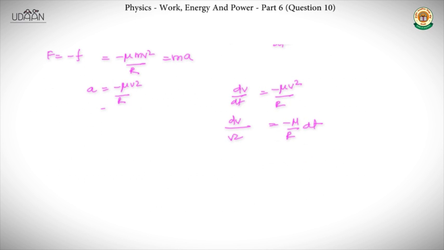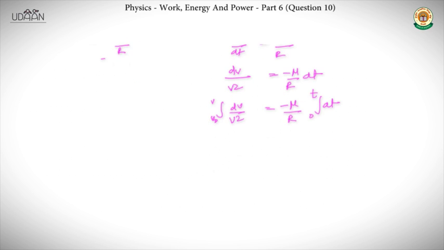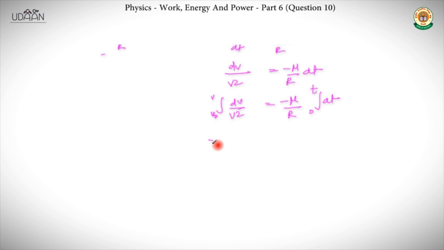As we are assuming it starts from t equal to 0 to t, and the velocity goes from v naught to v, we integrate dv by v square from v naught to v. As mu and r are constant, we can take them out of the integral, and this is from 0 to t. Solving this equation we get 1 by v is equal to mu t by r minus c.